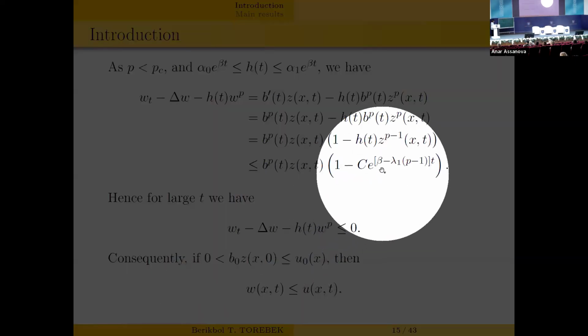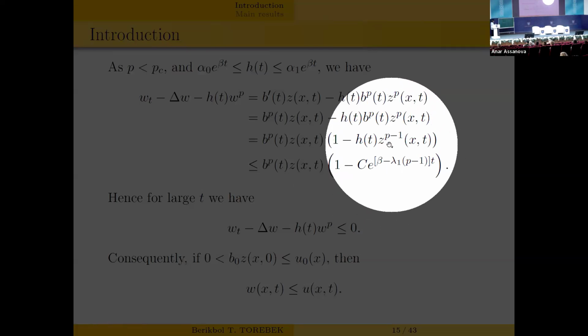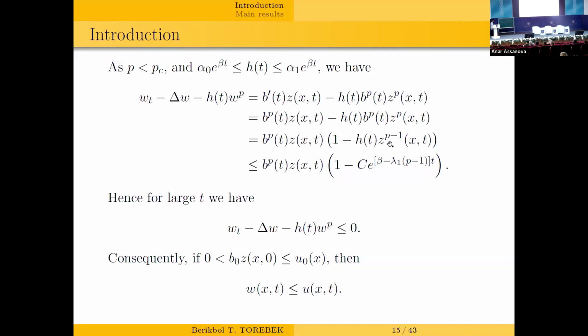Then the power of the exponential function will be positive. Then for sufficiently large time t, the right-hand side of this differential inequality will be negative.